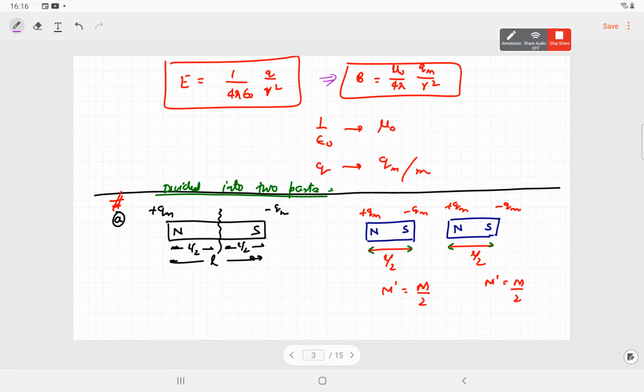When a magnet is divided into two parts, or when a magnet is broken, we are not able to separate their poles. It will form another dipole, another magnetic dipole having a relatively smaller magnetic dipole moment.